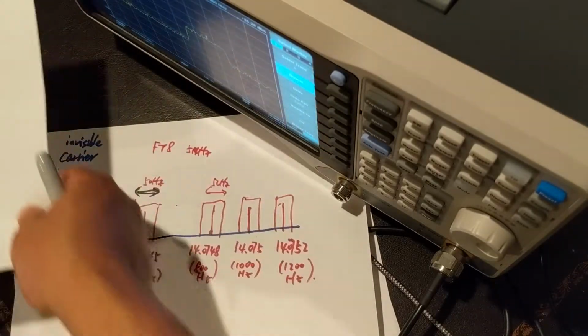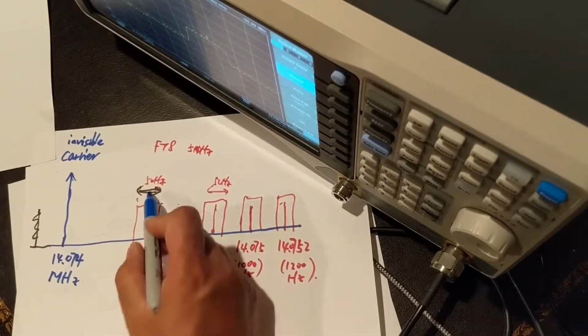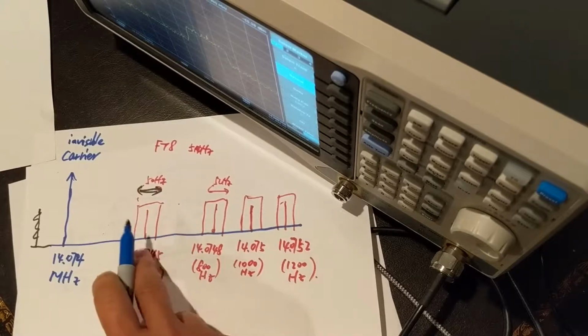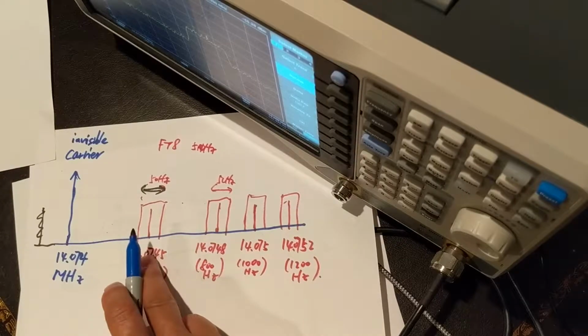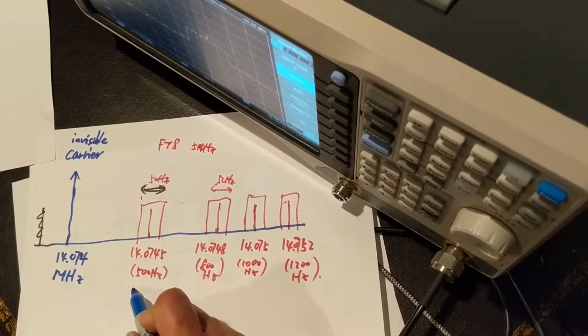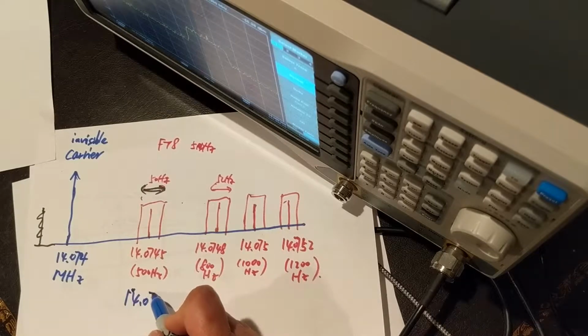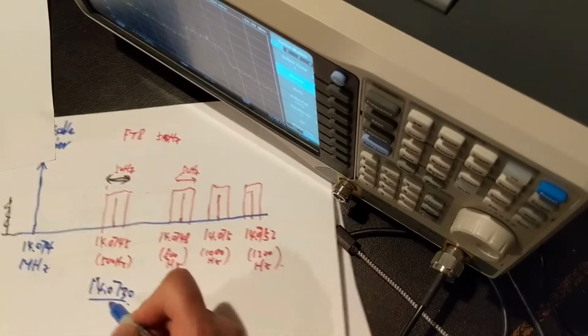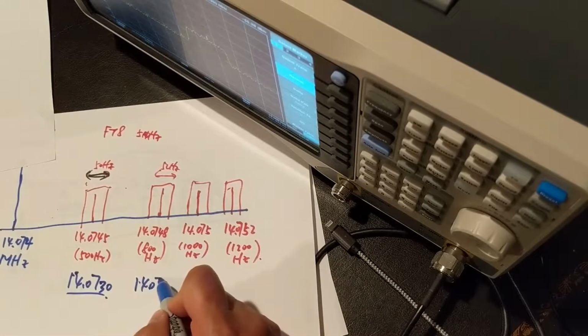You can see here, when this is at the 500 audio channel, the invisible actual carrier is 14.073, and here is 14.073.